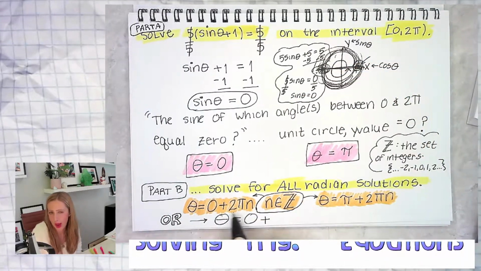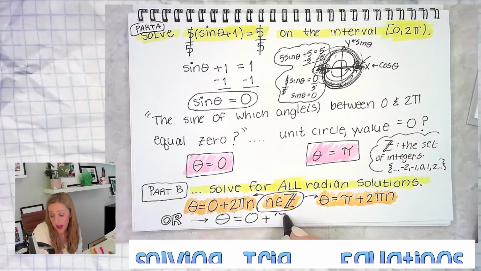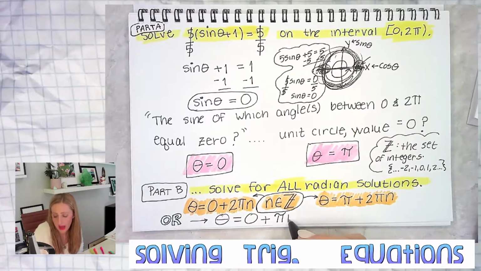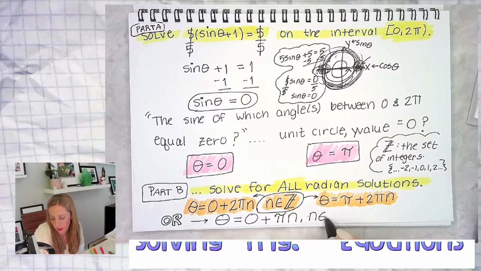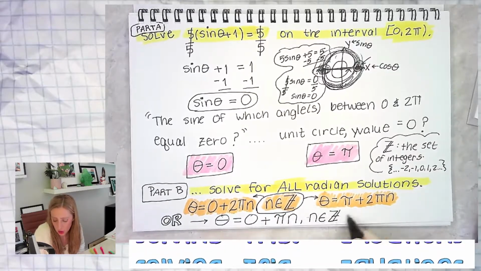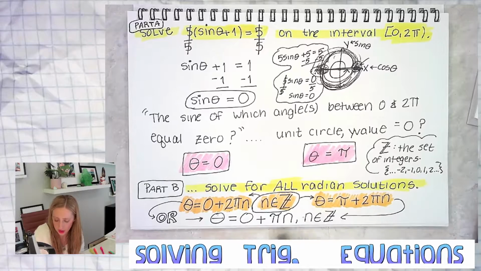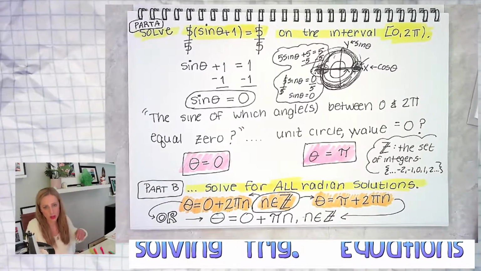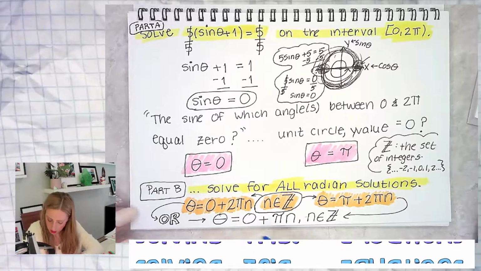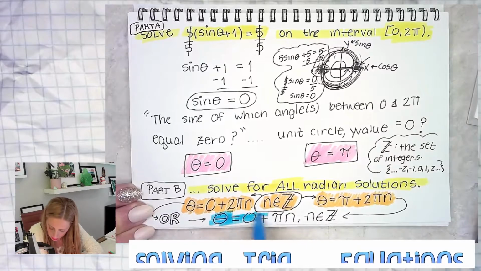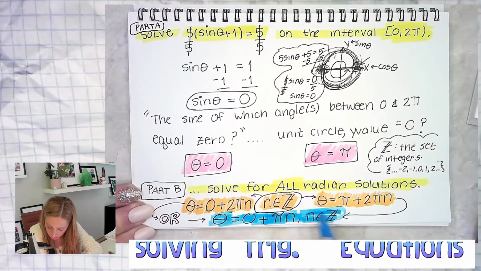So instead of adding 2 pi, how much could I add instead? Pi. Yeah, just 1 pi. Pi n, and same thing, n is an integer. So I'll just rewrite it one more time for this one. Then I took my 2 answers and I combined them into 1 answer right there. So you could either do 2 answers like in orange over here, or we can do 2 answers like that, or we could just do 1 answer like this, and it says the same thing.